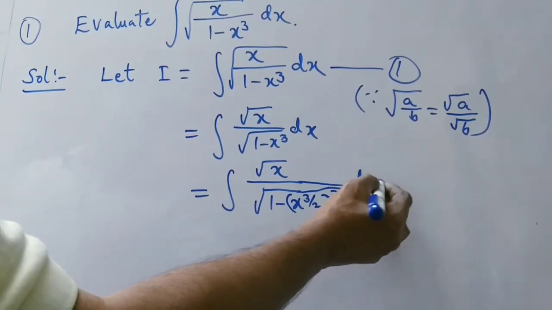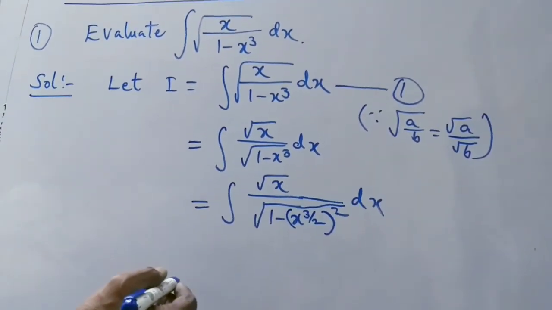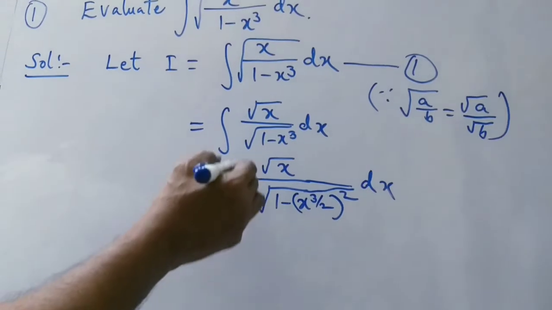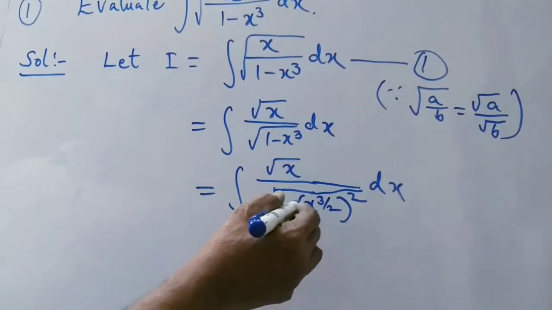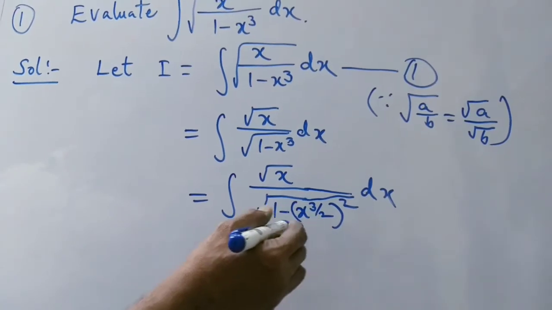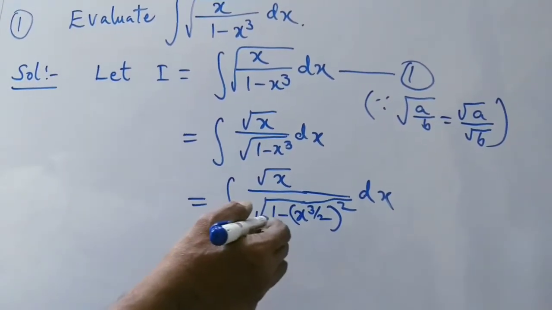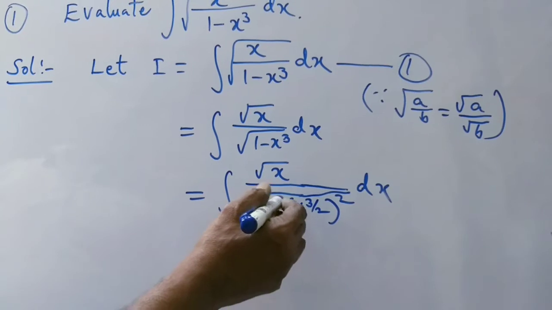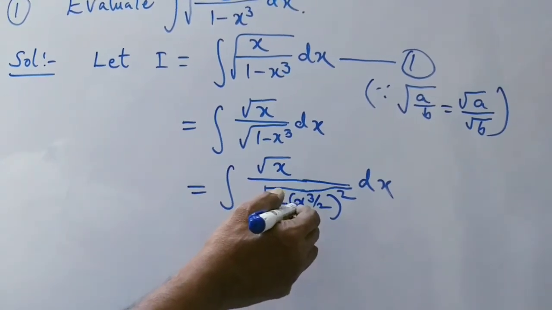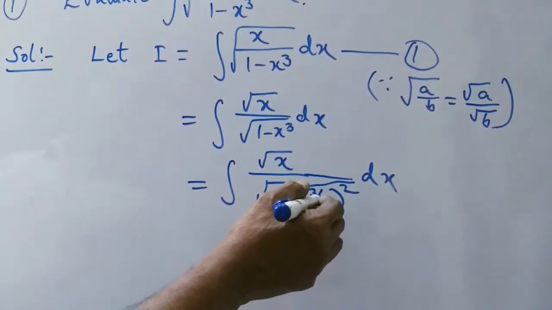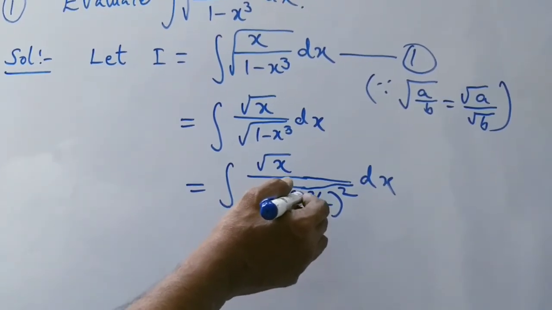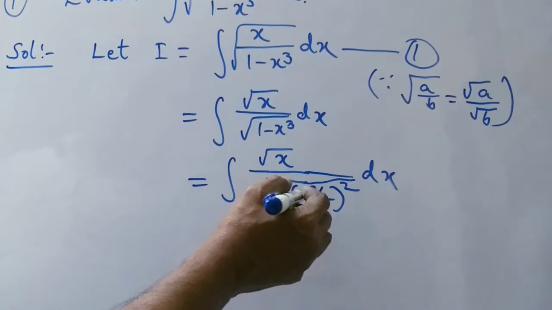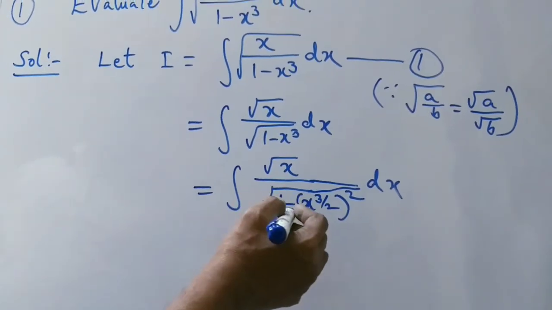To make it convenient, we write it like this: 1 minus x to the power of 3 by 2 whole square. There is a rule for this.